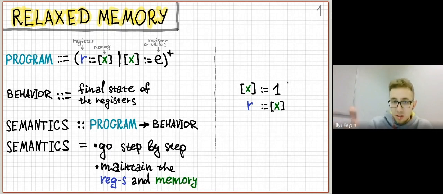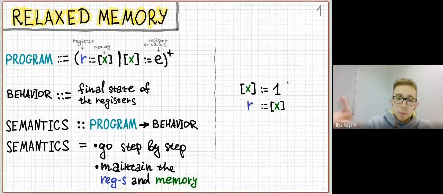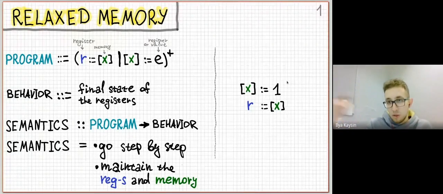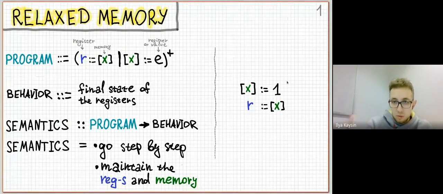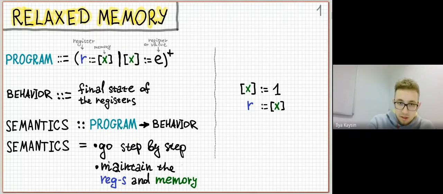We can execute the instructions step by step, and meanwhile we can maintain the current state of the registers and the current state of the memory, and then on each step we know exactly the value that we write to the memory and exactly the value that we read from the memory. And as we maintain these states, the resulting state of the registers is our behavior, and we can just return it.